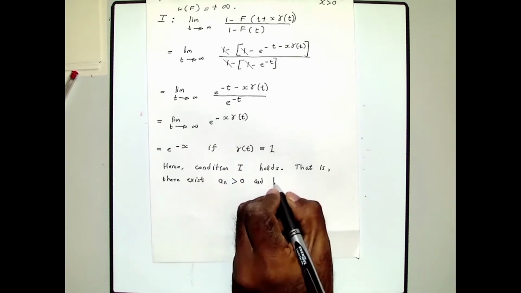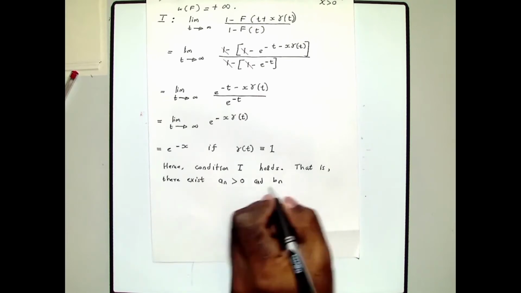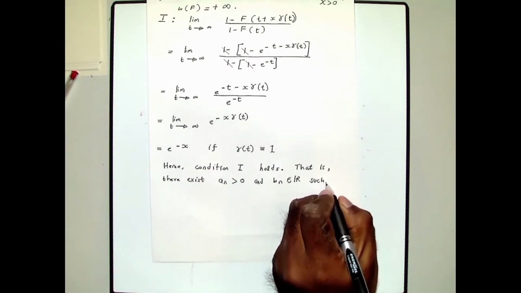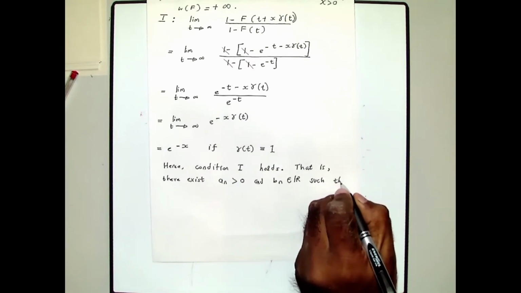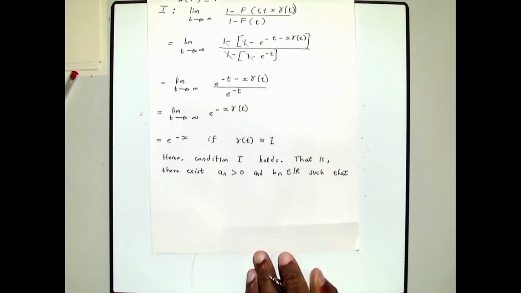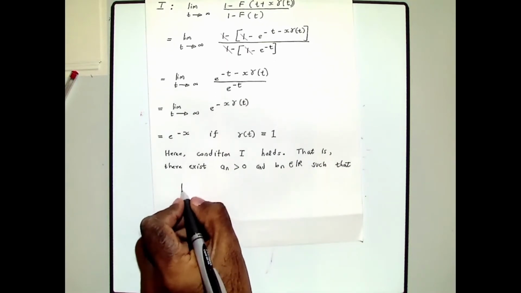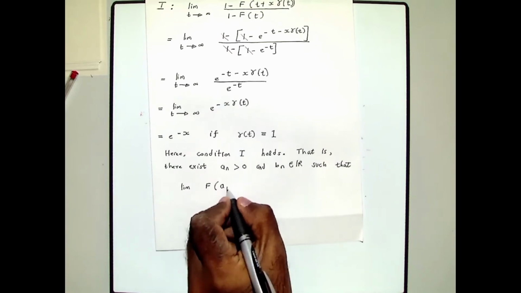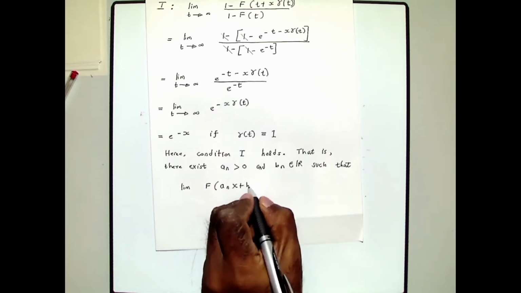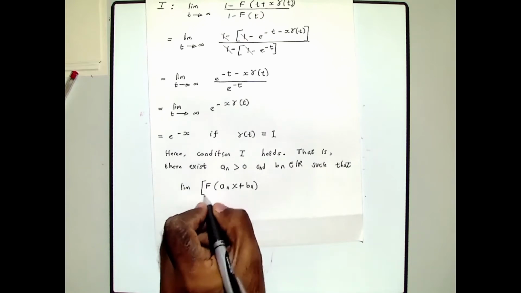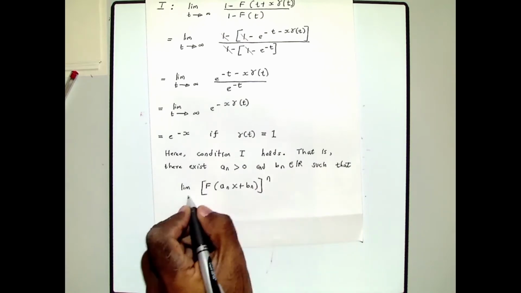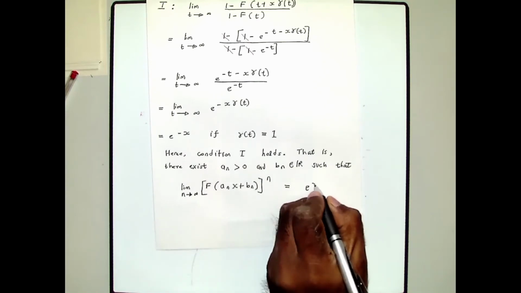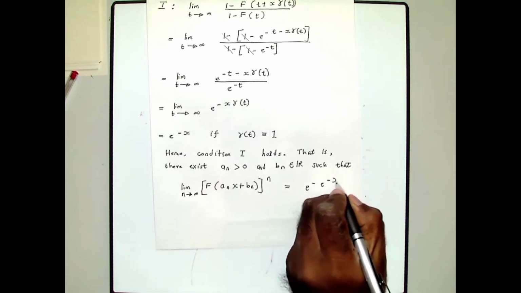An is a positive real number, bn can be any real number such that the limit of an x plus bn to the power n as n approaches infinity is equal to the Gumbel.